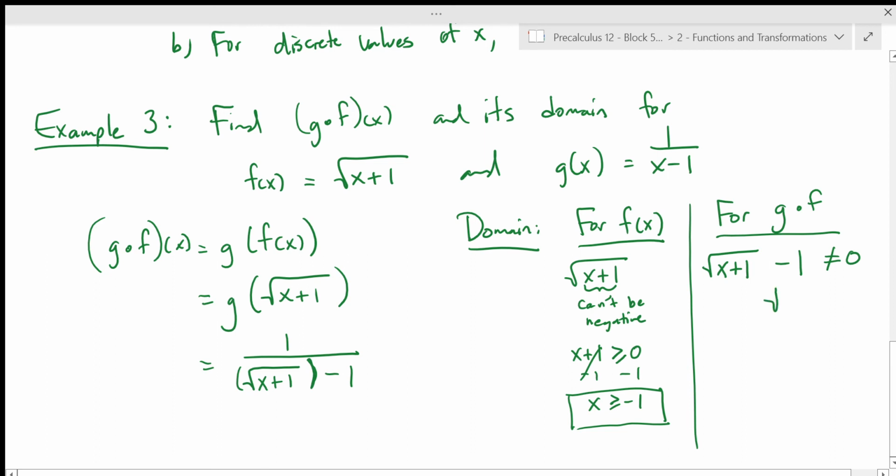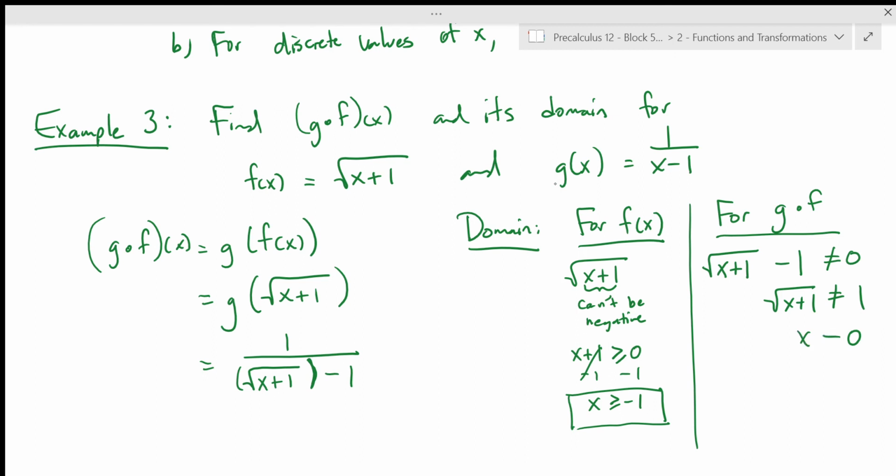So that means radical x plus 1 is not allowed to be 1. And we'll talk again when we get to the radical units more about how to solve this, but we can see pretty clearly that the only number that's going to make what's on the left-hand side equal to 1 is 0. So we know here that x cannot be 0.